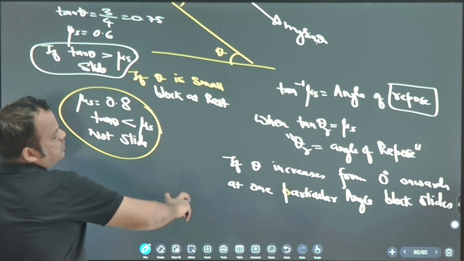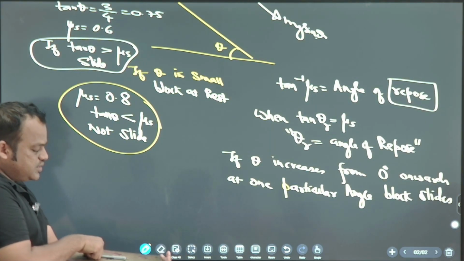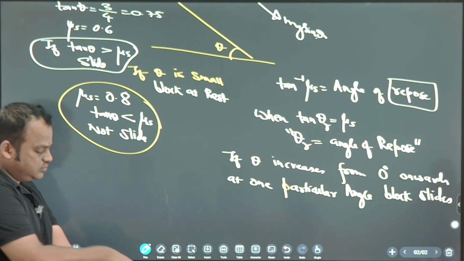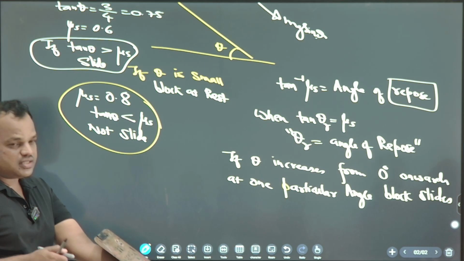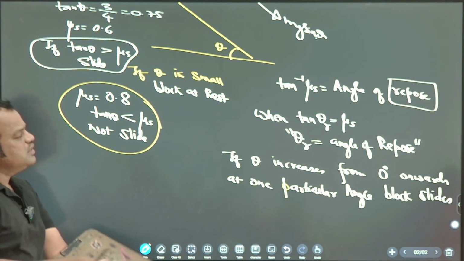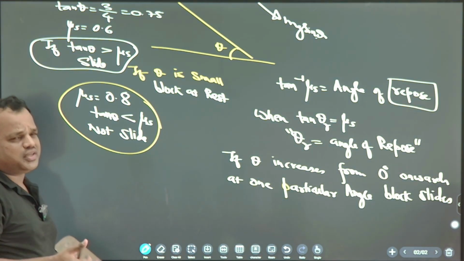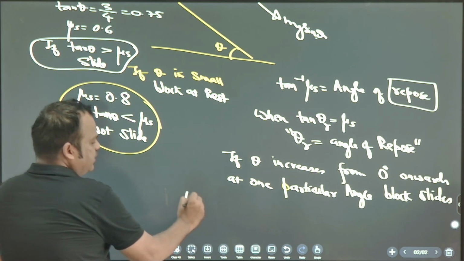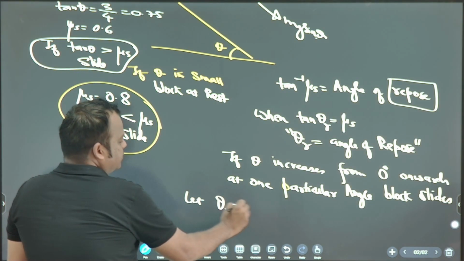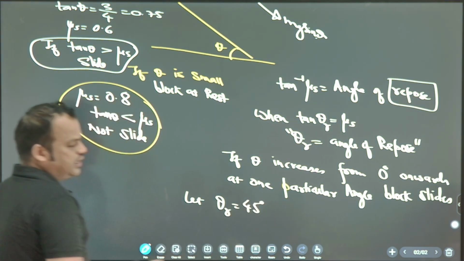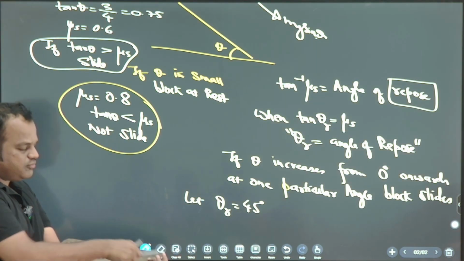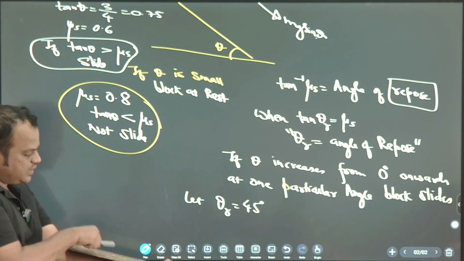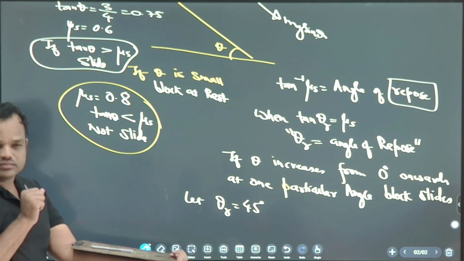Now, what if the angle is more than the angle of repose? 100% it will slide. Suppose, for example, the angle of repose is 45 degrees. If it is less than 45, will it slide or not?